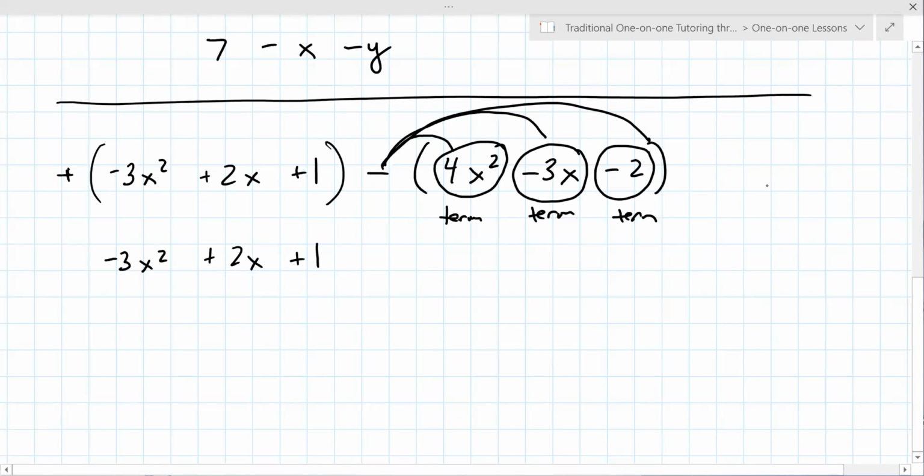And when subtraction here, subtraction means to negate. It means to change to the other. And hopefully you saw this in class. So like this is positive, so it becomes negative 4x squared. Positive 3x. Positive 2.